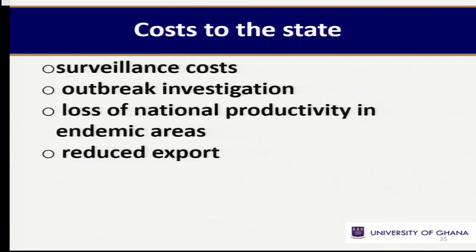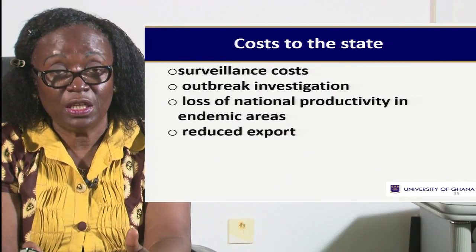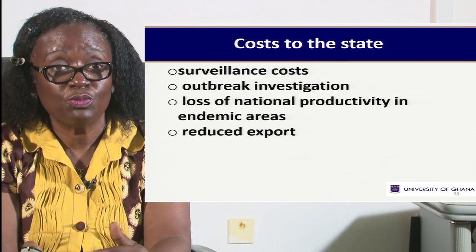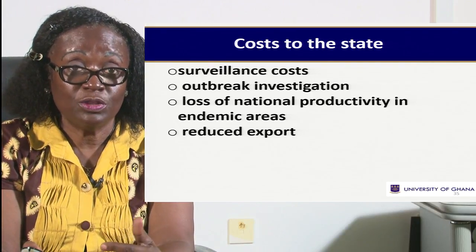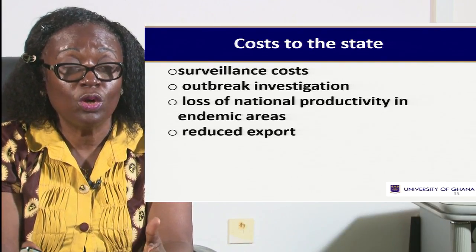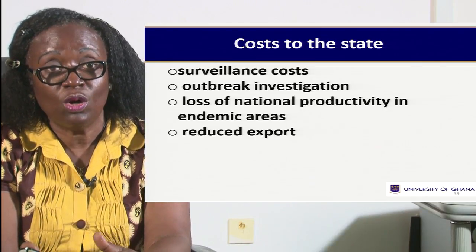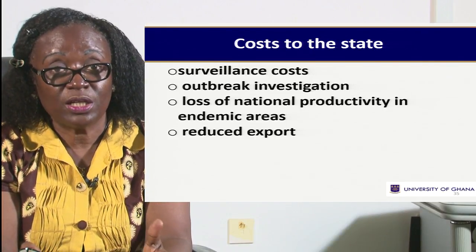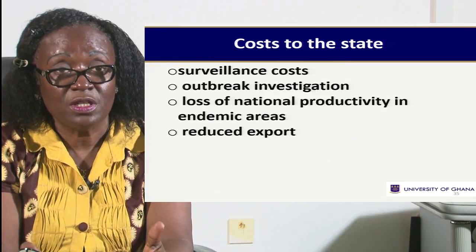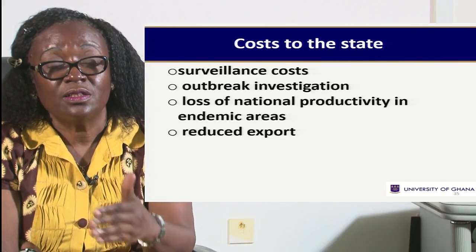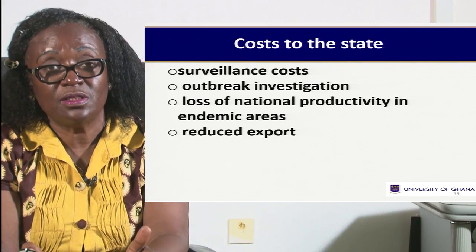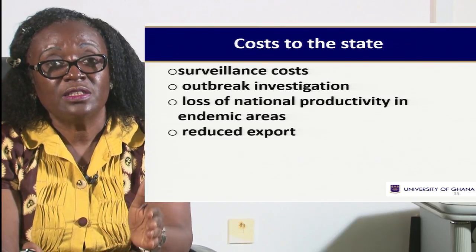Because of that, in the advanced countries, for example, there is constant surveillance, which we don't do here. But constant surveillance also brings about costs, because one should be monitoring every time. For example, here we have the FDA, the Food and Drugs Authority. They are supposed to be going around to all the markets and shops, and checking the quality of the foods they are selling, whether they are arranged properly, whether the expiry date is correct, whether the foods are labeled right.